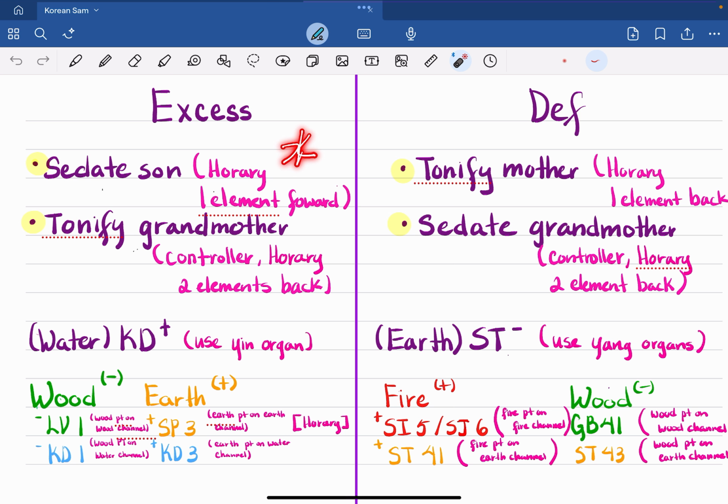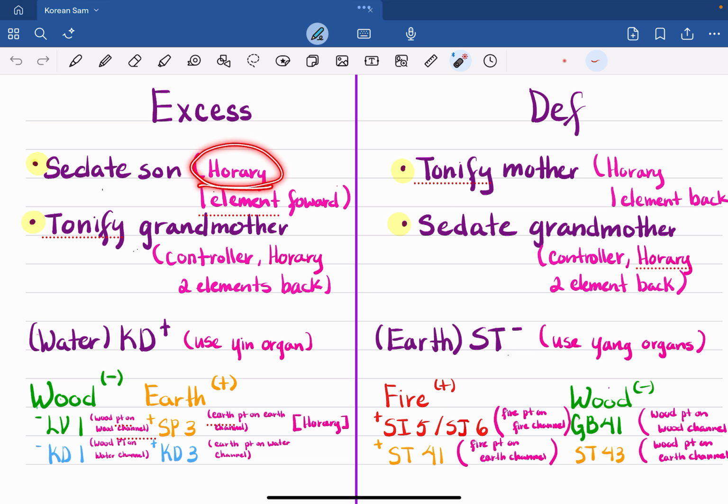So who receives from shui, or water? It's mu, which is wood. So we know that the second player is wood. Or another way I usually say it, it's 1 element forward. So whatever this element is, which in this case is water, the next element forward is mu.